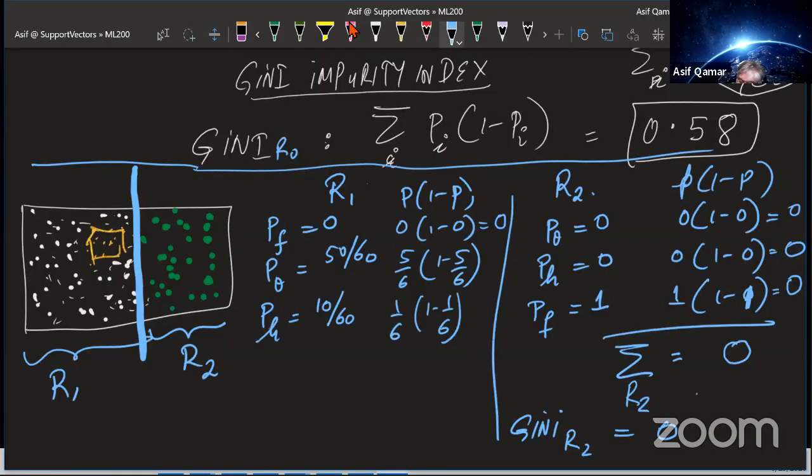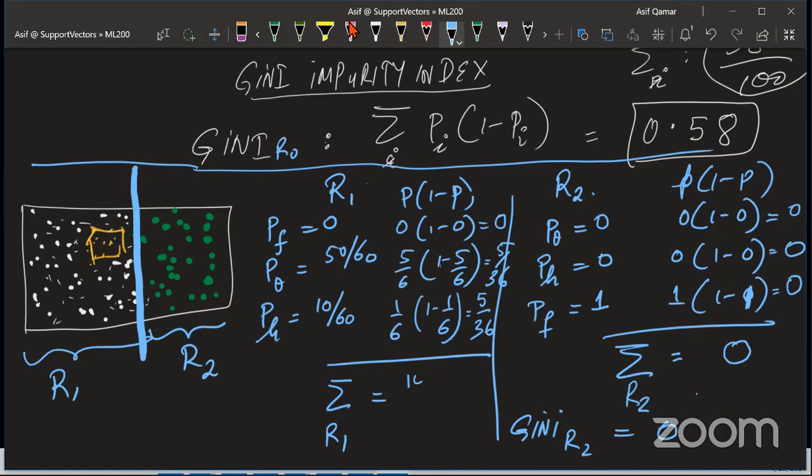Would you agree? 1 minus 5/6 is 1/6, so this is 5 over 36. This would also be equal to 1/6 times 5/6, which is 5 over 36, right? And so if you sum it for region R1, what do you get? 10 over 36.